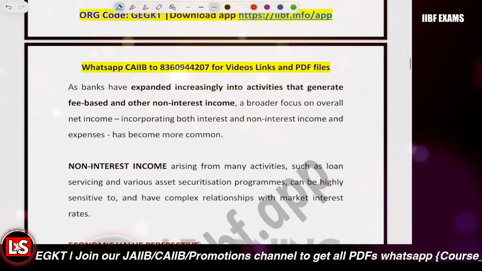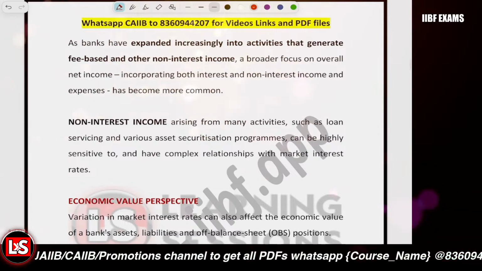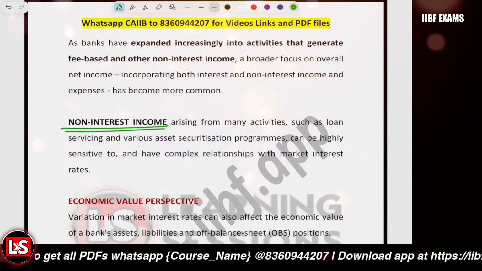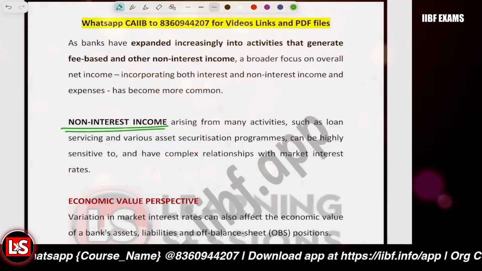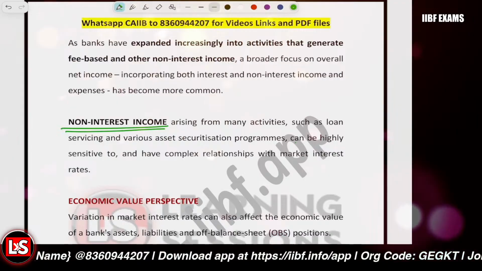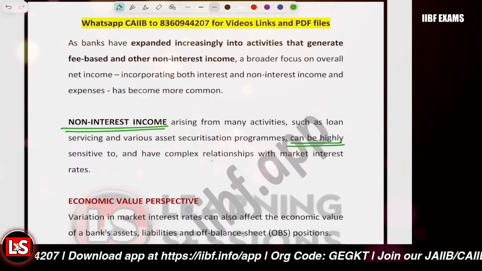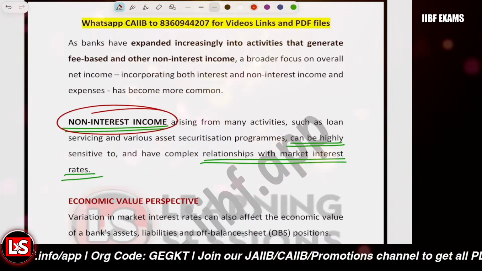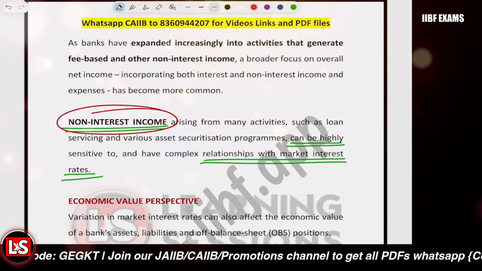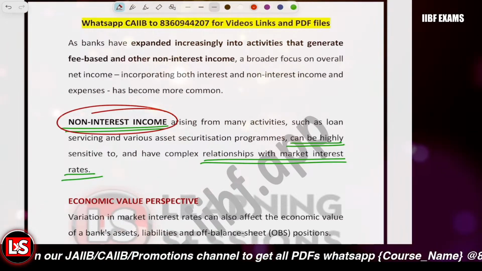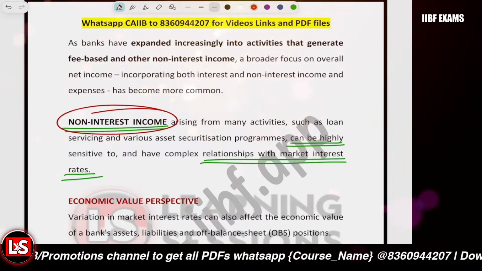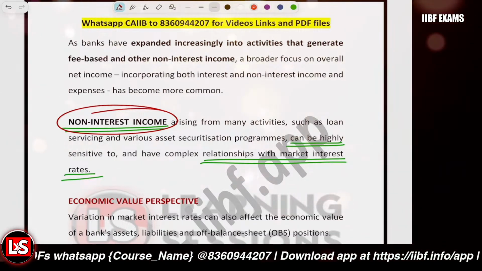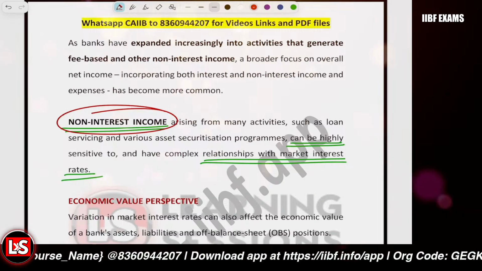Further, in many cases the non-interest income, like fee-based income, can also be very much sensitive to market interest rates. Not only the interest income is impacted, but the non-interest income may also be impacted, right? Clear with it so far?